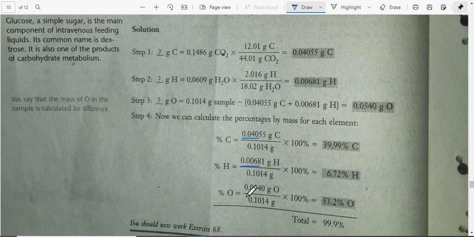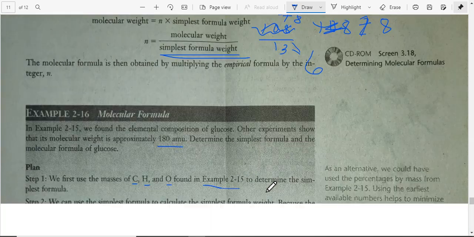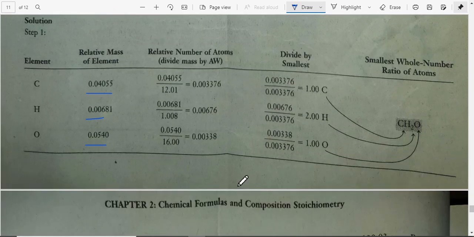So this is the example 2.15. The relative weight is the same as above, and this is how you get the formula. Then the atomic weight of your carbon.